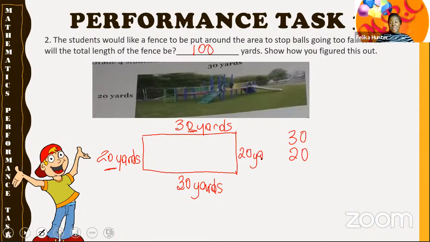Well done, Sahari, and well done, Shanice. So the opposite sides are equal. So we end up getting 20 and another 30, and that gives us 100. Well done, my bright students. All right. So that's 100 yards. So the total length of fence needed would be 100 yards.